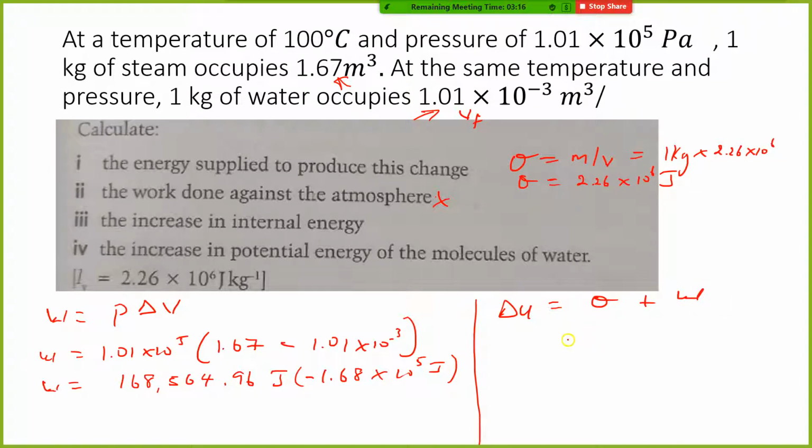The heat is 2.2 times 10 to the 6 minus the work here, which is 1.68 times 10 to the fifth. So 2.26 e to the 6 minus this answer, right?